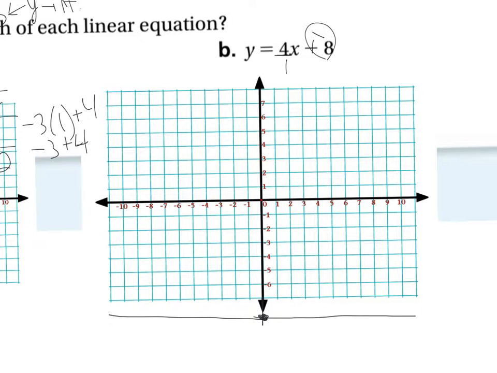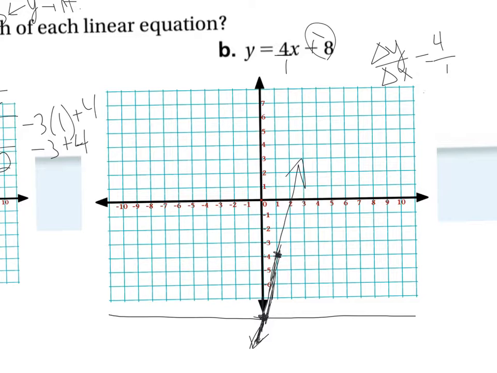Okay, so what that means, again, slope is change in y over change in x. So slope is 4, means from our y-intercept we could go up 4 and over 1. Good. Up 4 over 1. 4 is a pretty steep slope. So it's going to look something like that. Obviously I don't have the ability to do it on here, but you guys could use a ruler to draw a straight line going through those points.